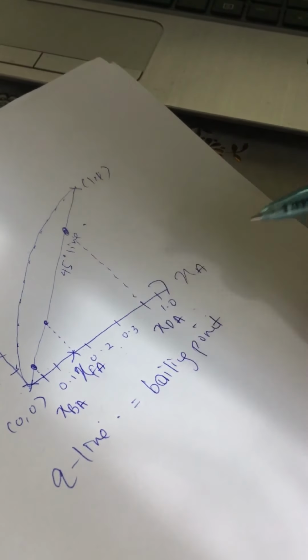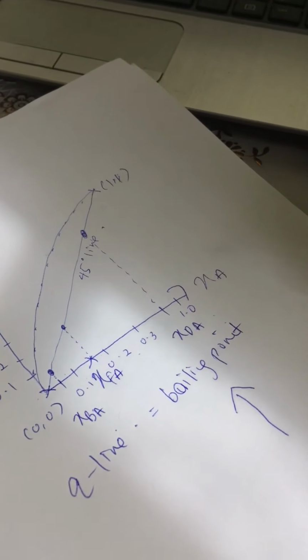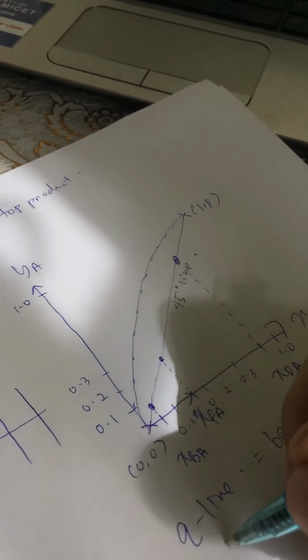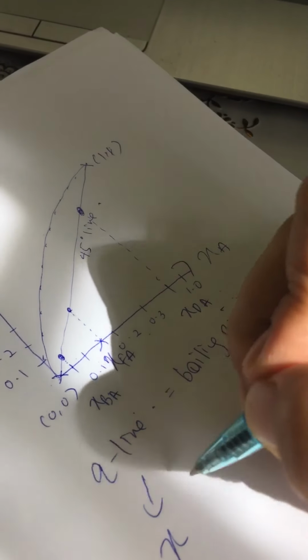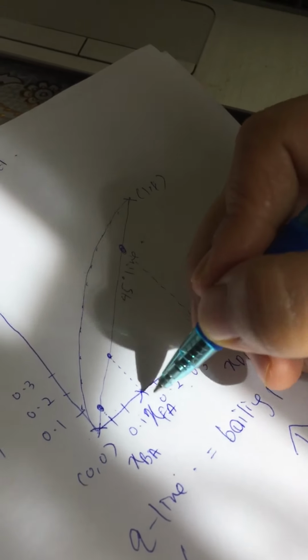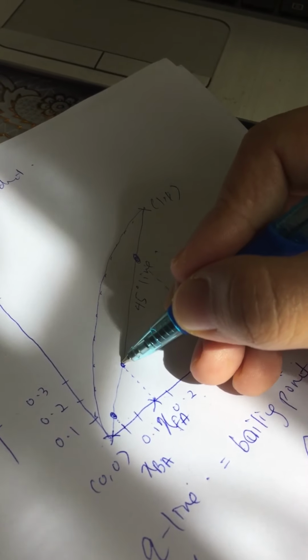So the boiling point condition means your Q line is a straight line upwards. The Q line is developed from the XFA value. For example, your XFA stops at the 45-degree line.